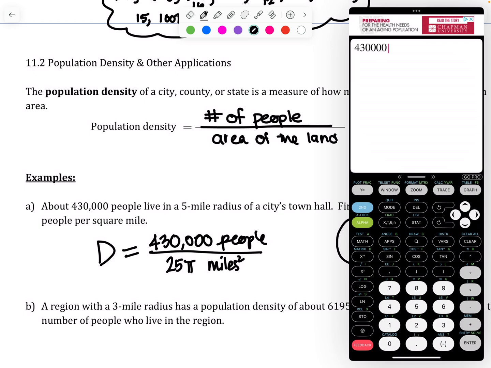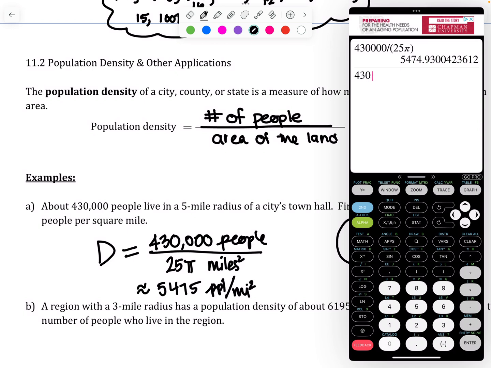And this came up before, but if we're dividing by a number with pi, we need to make sure we enclose that in parentheses so that it does the correct order of operations. So it comes out to be approximately 5,475 people per square mile.